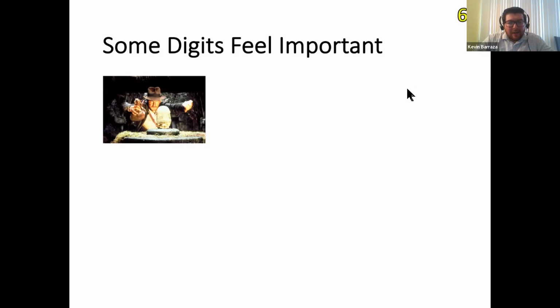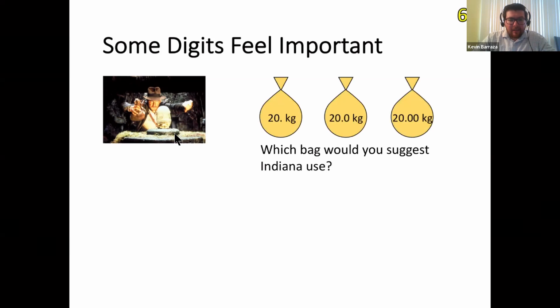So he's going to swap them very carefully to make sure that trap doesn't spring. But say that he wanted to use a bag of sand that is exactly the same weight as this artifact here. Perhaps he has 3 options.